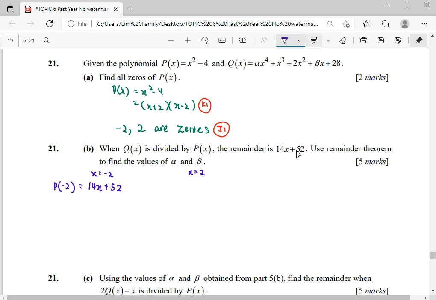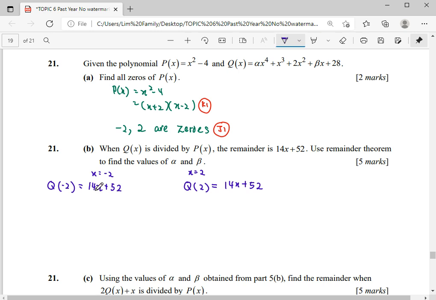I substitute into qx, not px, because px is the quadratic divisor. For the other x value, I substitute into the polynomial qx, and I also get remainder 14x plus 52.